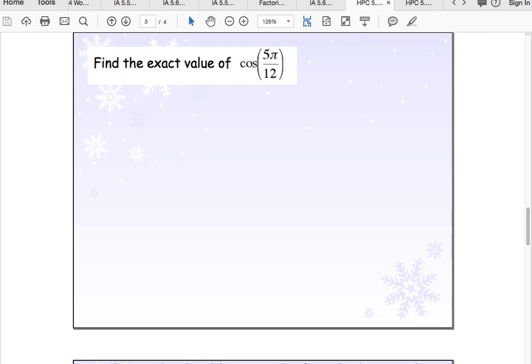Okay, this one, our angle is in radians. Now, trying to find two angles that either add to 5 pi over 12 or subtract to 5 pi over 12 in radians might be trickier than you'd want to do. So you can totally just change that into degrees. That's what I would do.